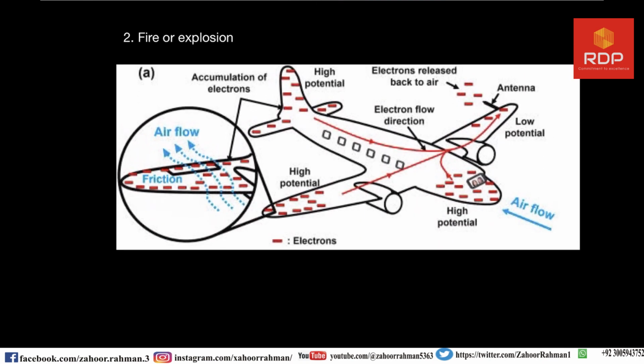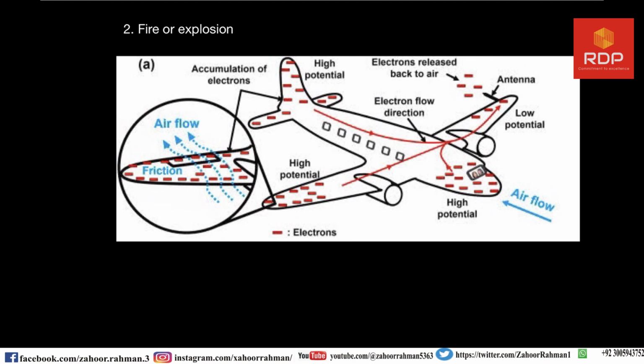The second hazard is fire or explosion. A fire or an explosion may occur due to excessive buildup of electric charges produced by friction. For example, electric charges accumulate on an aircraft during flight and on trucks transporting flammable liquids.